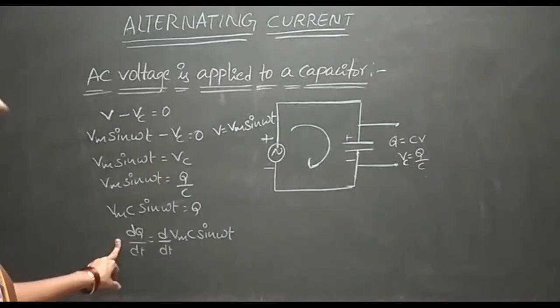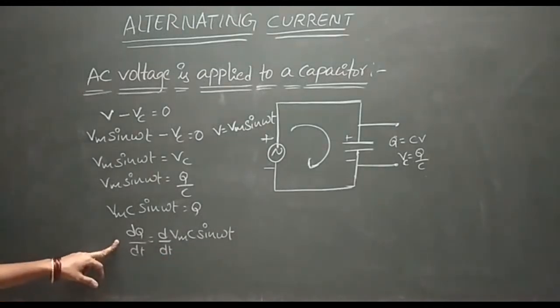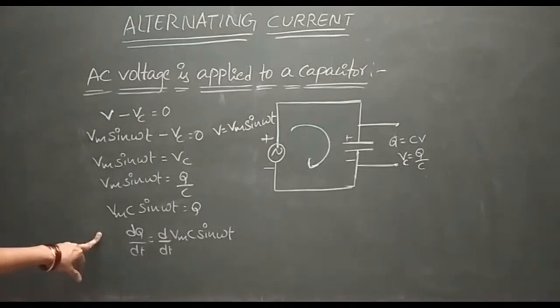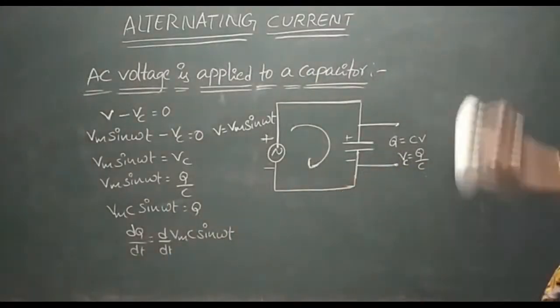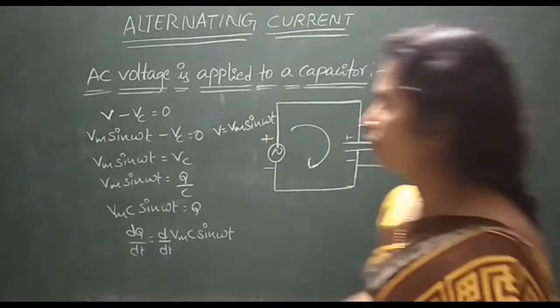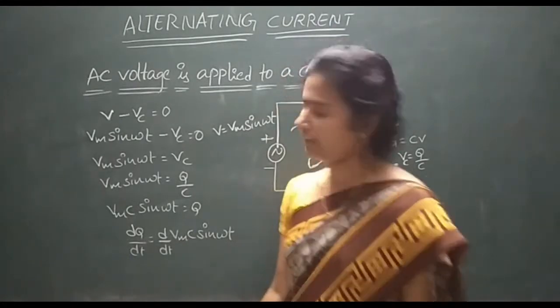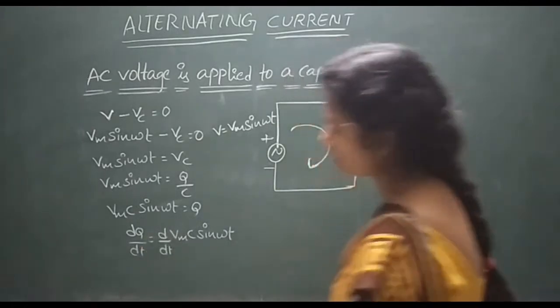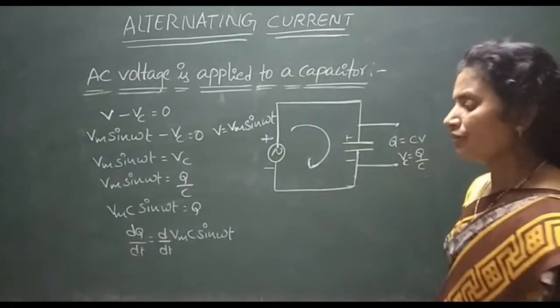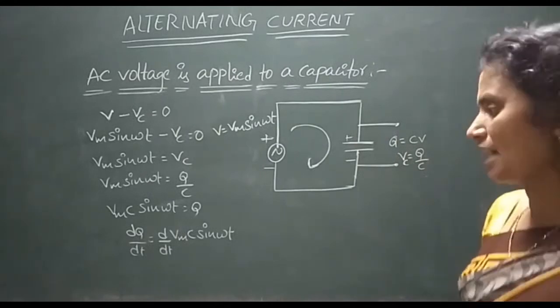Here dq by dt is nothing but current. What is current? The rate of flow of charge is nothing but current.